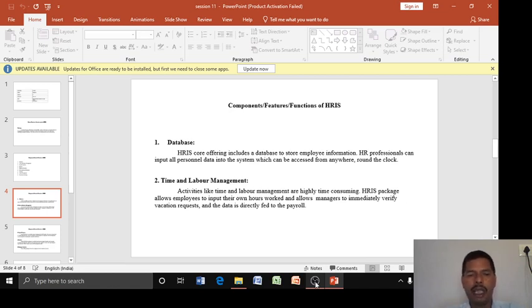HRIS package allows employees to input their own hours worked and allows managers to immediately verify vacation requests, and data is directly fed to the payroll. So payroll management is also very simple, because if you want a leave or vacation, you have to upload that information to the management.